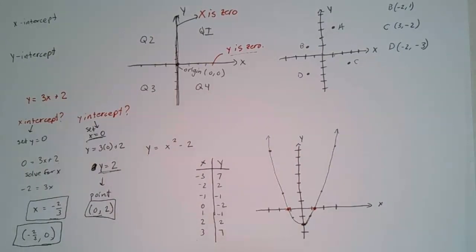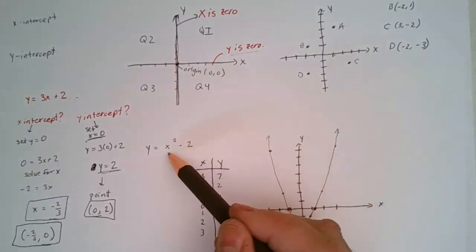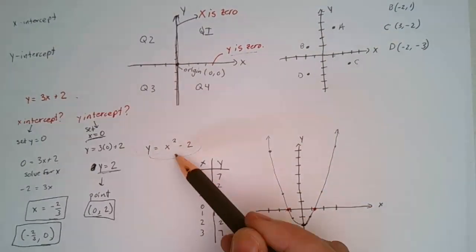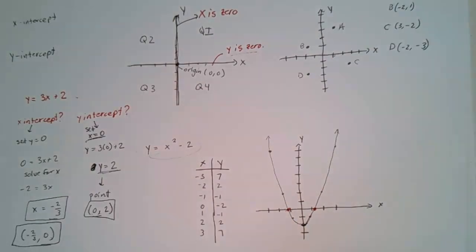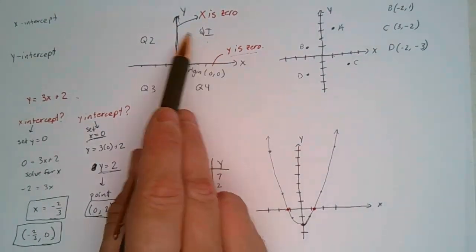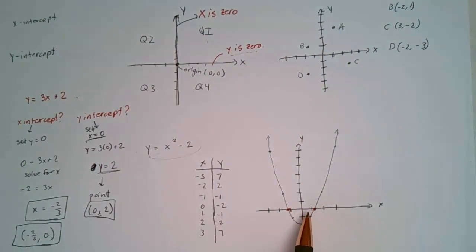Okay, this works for any equation. So it would work for this equation here. Set x equal to 0 to find the y-intercept, set y equal to 0 to find the x-intercept. Okay, so that is quadrants, plotting points to find the shape of a graph, and finding x and y intercepts.